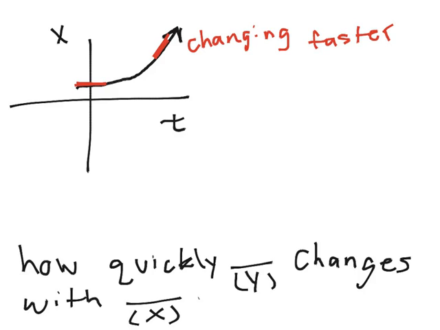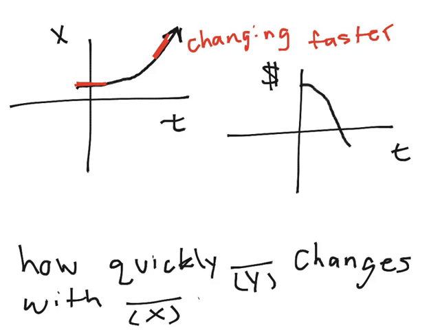Now, what if we had a different graph? Let's do money. Money is something we care about. So over time, we have some amount of money. Say you save up a lot of money, and then you start spending it really quickly. And let's end on a happy note here. We're in the positives. But right here, right, our slope, if this was a hill, our little guy was standing on it, he started going downhill.